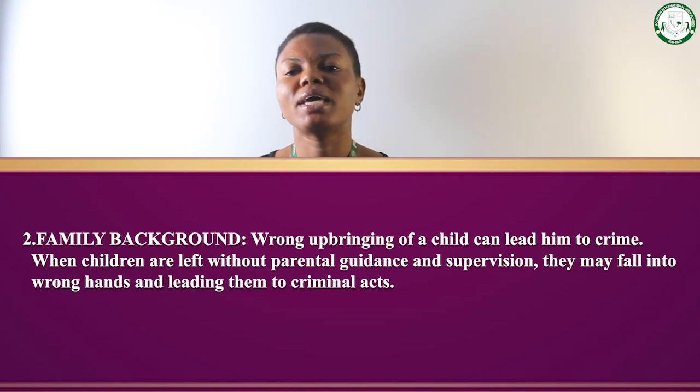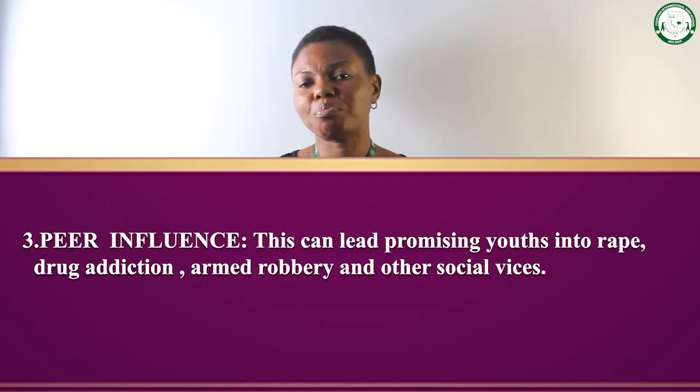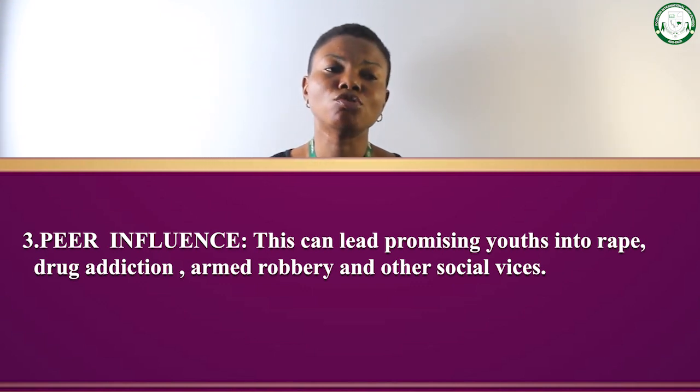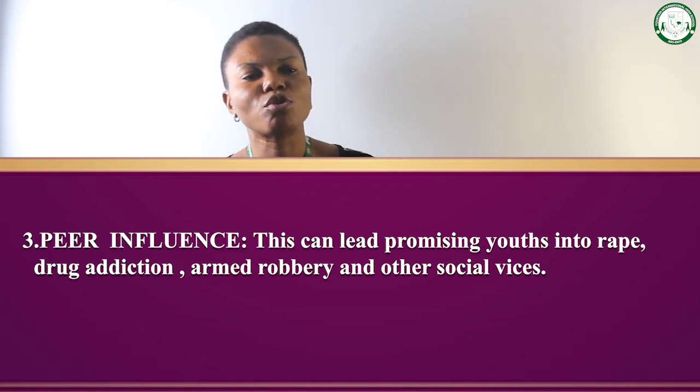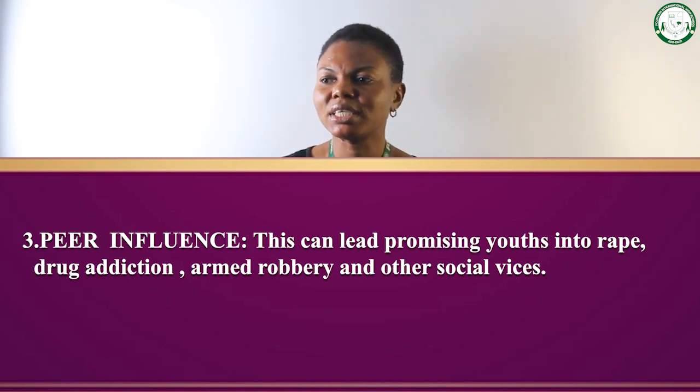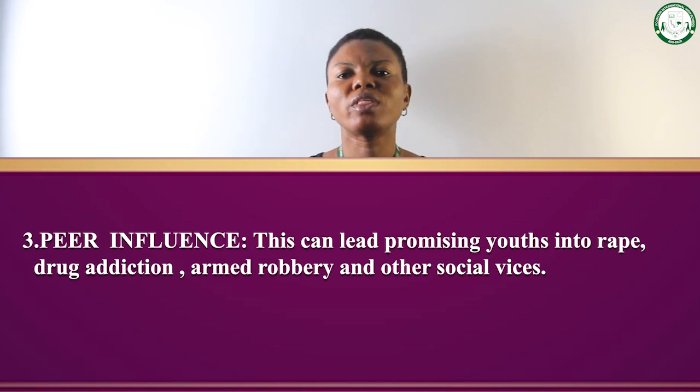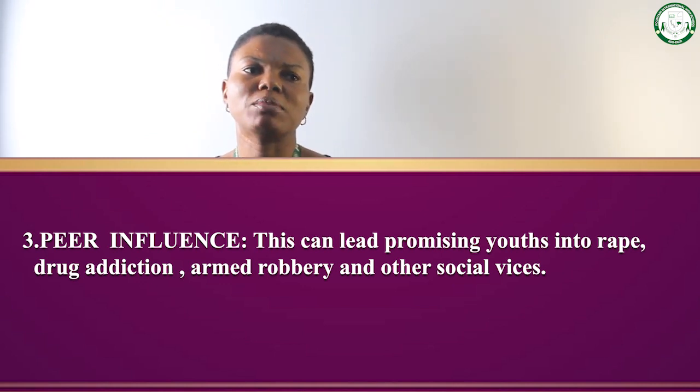Another one we have is peer influence. This can lead promising youth into crimes such as rape, drug addiction, armed robbery, and other social vices. Your peer mates, your peer groups want to influence you into these common crimes.